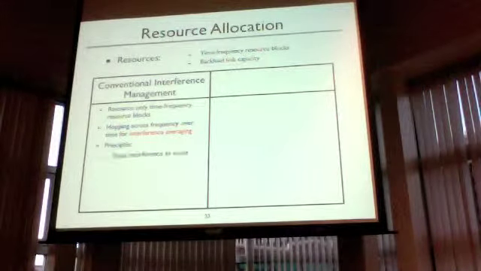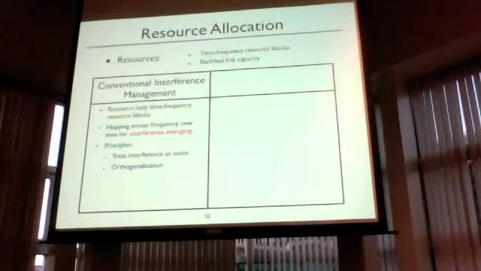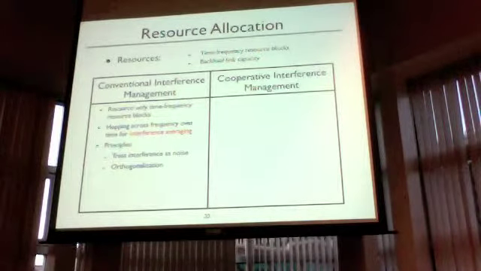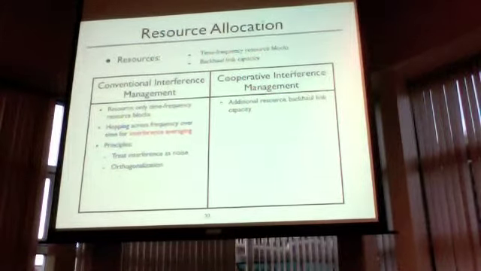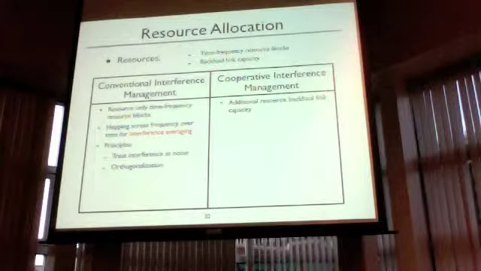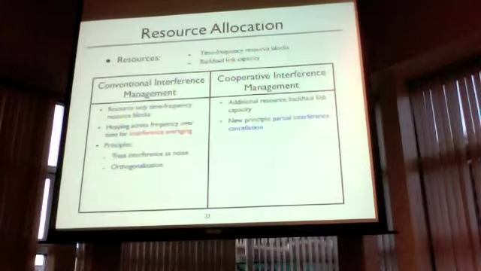The principle for interference management is to treat interference as noise and do orthogonalization inside the cell, using orthogonalization over subcarriers. Now, the paradigm of cooperative interference management in this proposal is that we have one additional resource, which is the backhaul link capacity, and we want to use a new principle, which is partial interference cancellation.